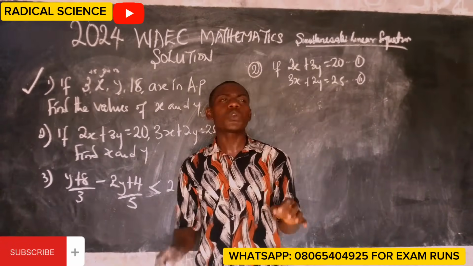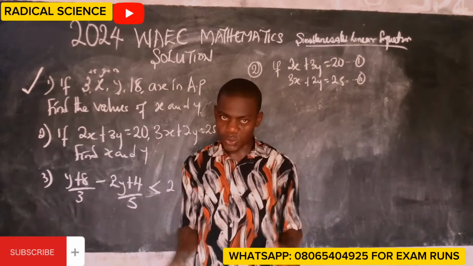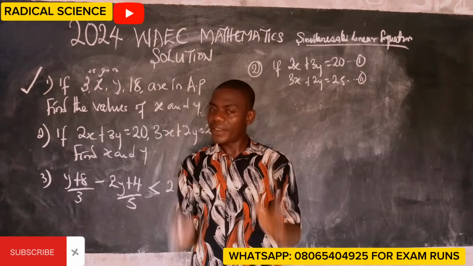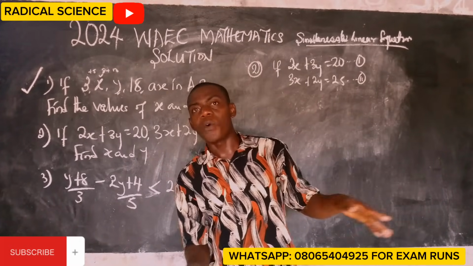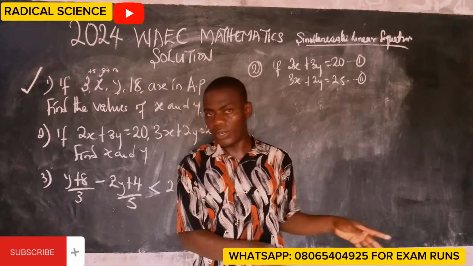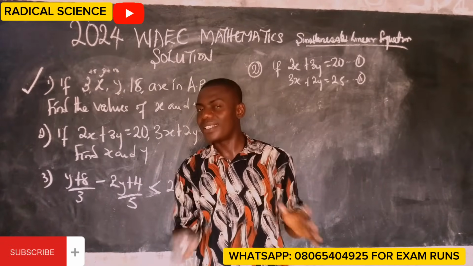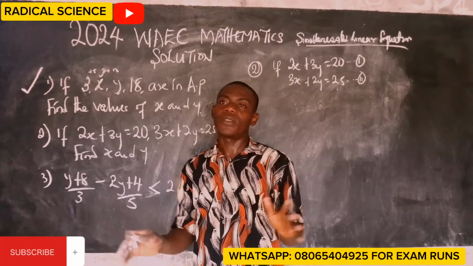Substitution method is always confusing to students, but very, very easy. I will use substitution method. I will also use elimination method so that you understand it clearly. It's not difficult.